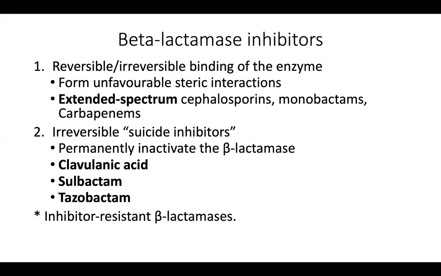And examples are the beta-lactamase inhibitors. Remember I told you the later generation penicillins and cephalosporins carried their own beta-lactamase inhibitors. So here we have the extended spectrum cephalosporins, the monobactams, and the carbapenems. Then you have the reversible, also known as the suicide inhibitors, very loosely.